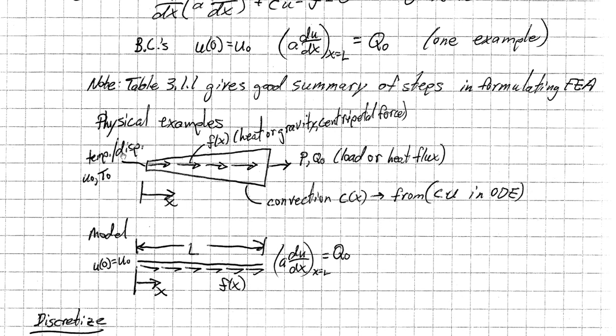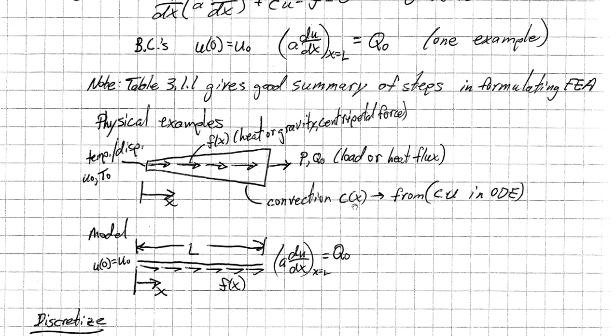So again, a few physical examples. You may have temperature or displacement on this one end. We're defining displacement as U naught or T naught. You could have these internal fields or gravity as a body load. It could be a centripetal force, such as a helicopter rotor blade. And then on the opposite end, you may have a load P, or you may have heat flux. You may also have convection.